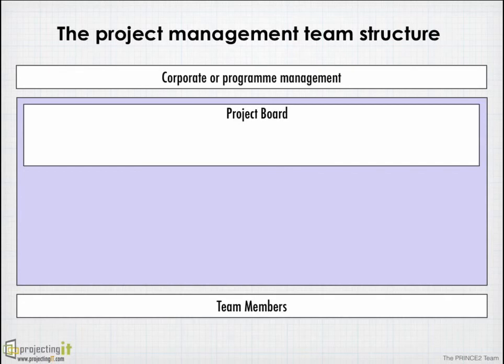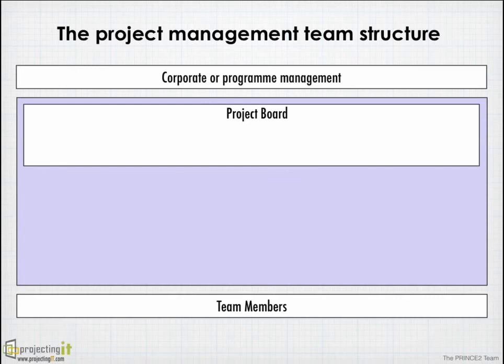These roles represent the primary stakeholders like business, users, and suppliers. The project board has been given authority by the corporate or program management to make decisions on the project on their behalf. At the end of each stage, the board reviews the project to ensure it is heading in the right direction. The board also provides decisions when there are major revisions to the project.